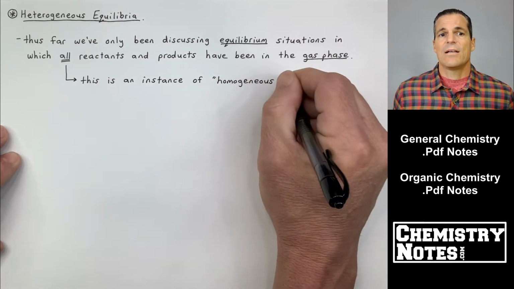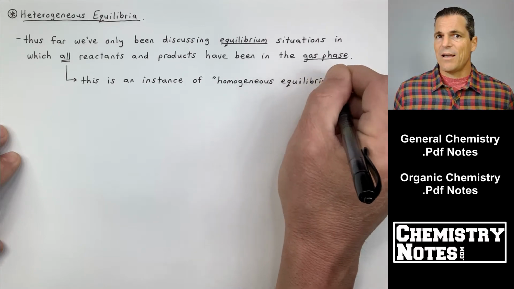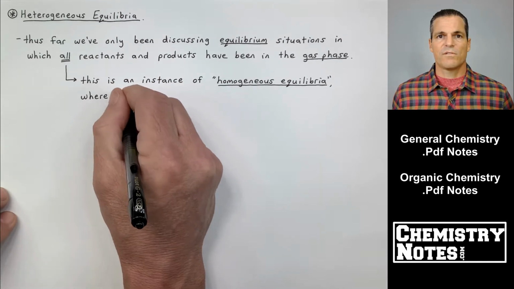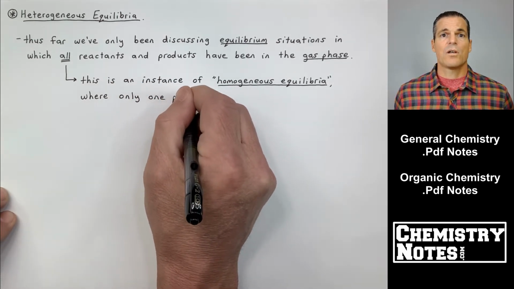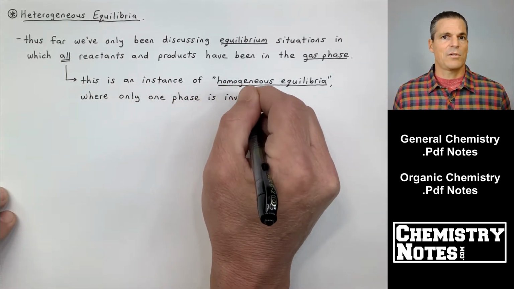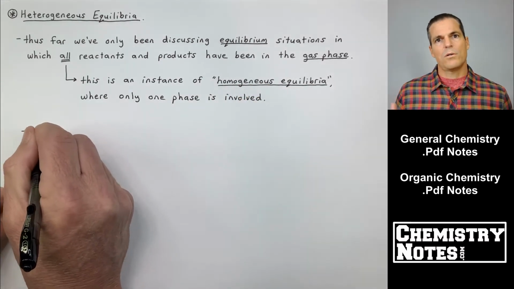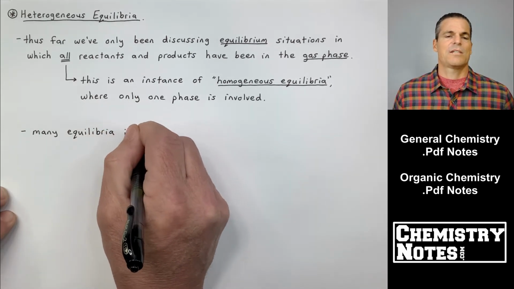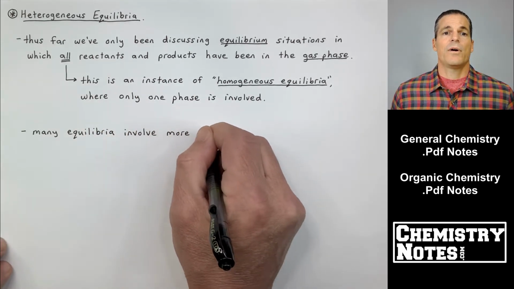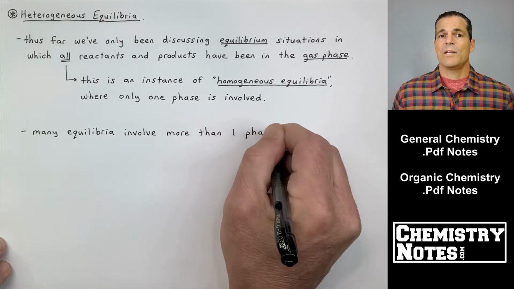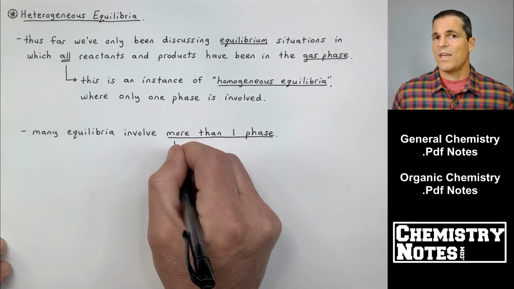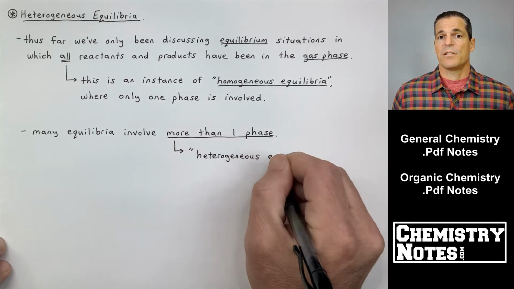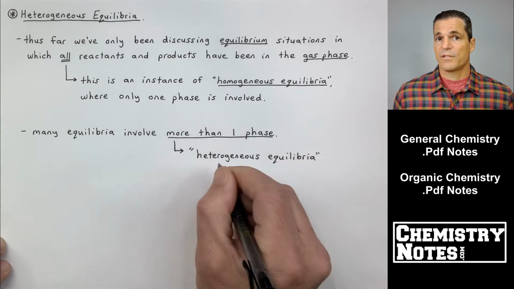So what I want to talk about now is when we have solids, liquids, gases, aqueous, all sorts of different types of reactants and products. What do we do? How do we write the equilibrium expression? Who can I include? Who can I not include? Who has a concentration? Who doesn't? Etc. So second bullet point there says many equilibria involve more than one phase. And that would be an example of heterogeneous equilibria. That's our topic for this short video.